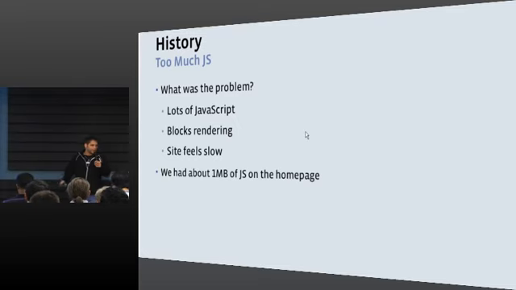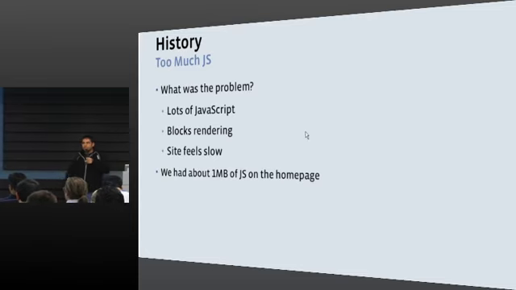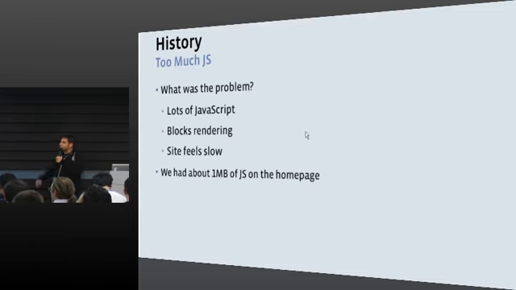First of all, we got to a point where we had way too much JavaScript. We were basically using JavaScript to do every single interaction that the user would have on the page. Anything the user wants to do, we write some amount of JavaScript for it, whether it's a little bit or a lot. So what does this mean?